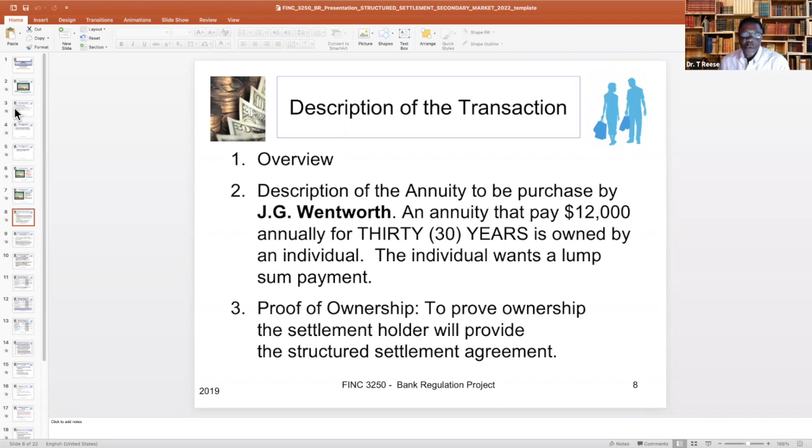The individual wants a lump sum payment. In your narration on this slide, you need to indicate what, if any, identification or proof of ownership is required by J.G. Wentworth before they will entertain this transaction.